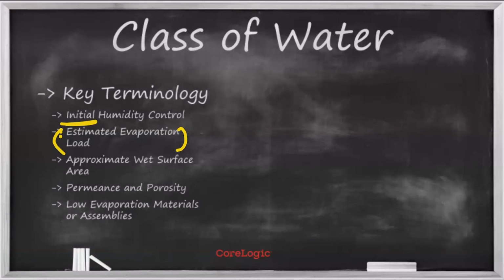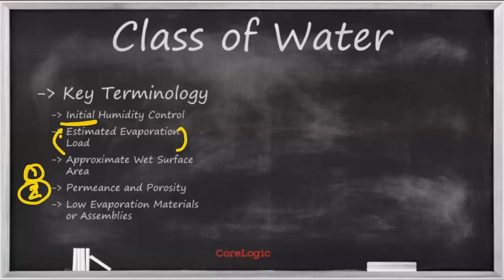The first of that criteria is, again, how much wet surface area are we dealing with, right? And it's an approximate, it doesn't have to be exact, because the effort of class is an approximation anyway. But what is the approximate wet surface area that I'm dealing with? Of that wet surface area, what is, number two, the permeance and porosity of those materials?